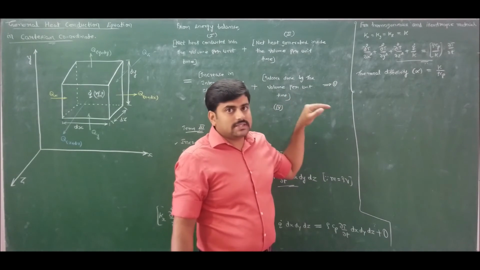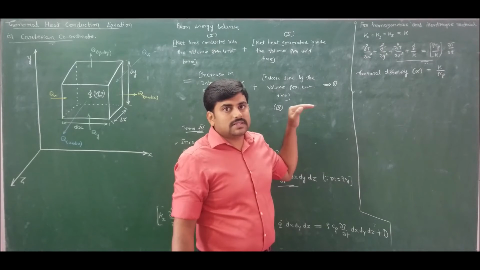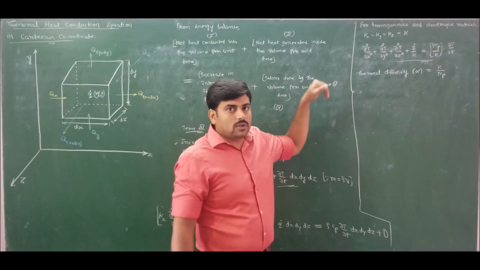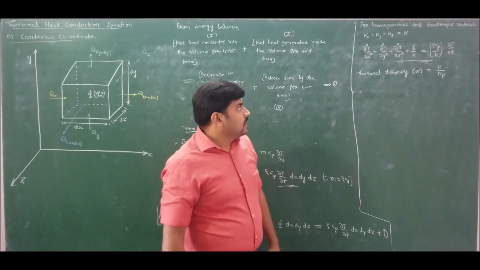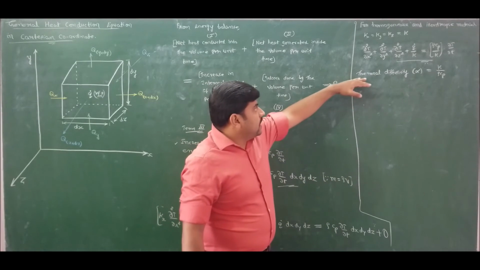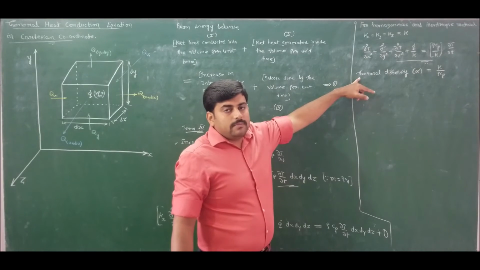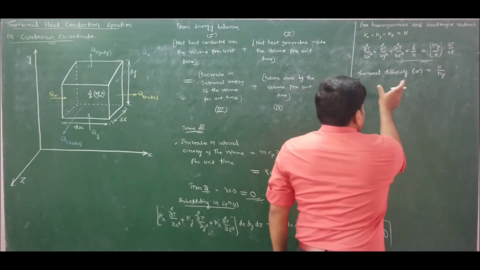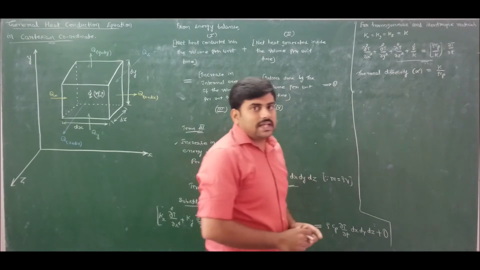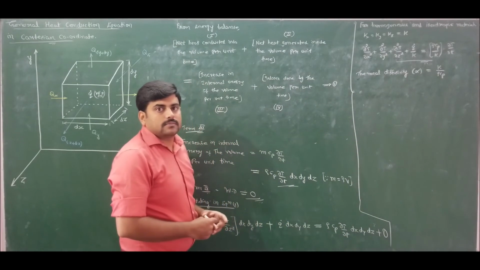If thermal diffusivity is higher, heat flow in the system is faster. If it is lower, heat flow will be slower. So higher the value of thermal diffusivity, faster will be the penetration of heat. Therefore, by knowing thermal diffusivity, we can determine how fast heat can penetrate in the given system.